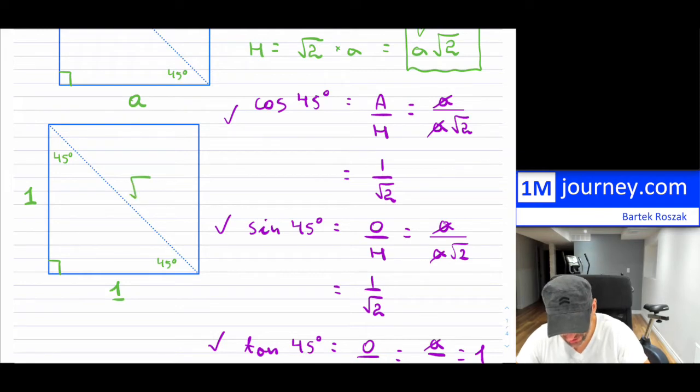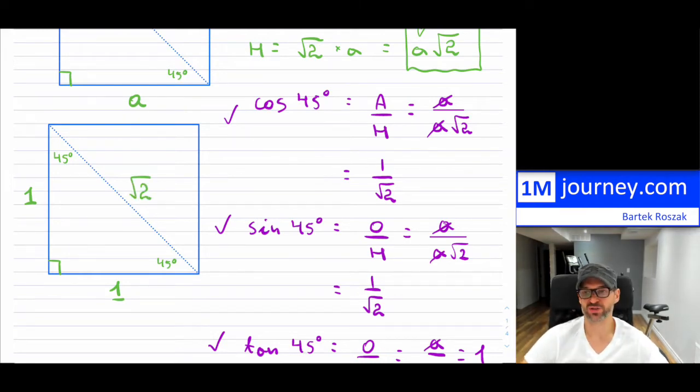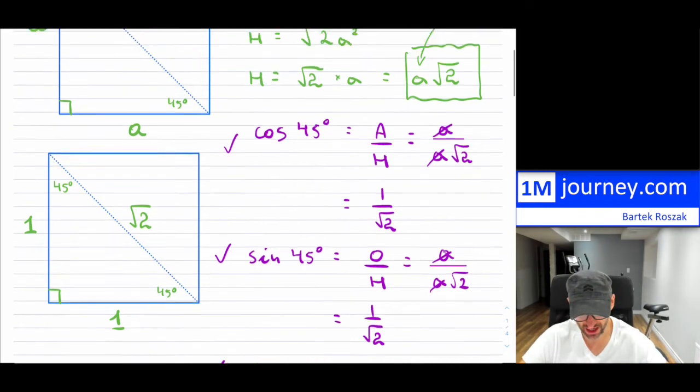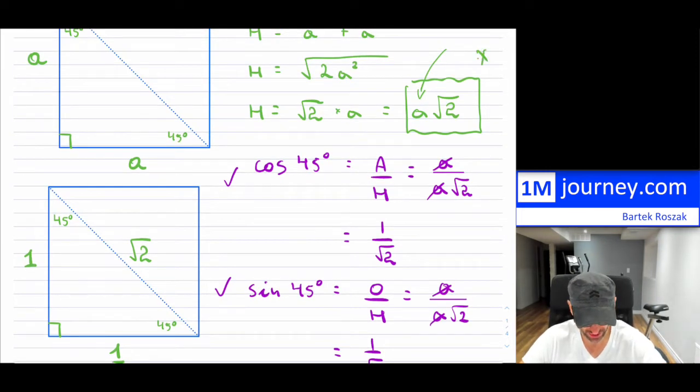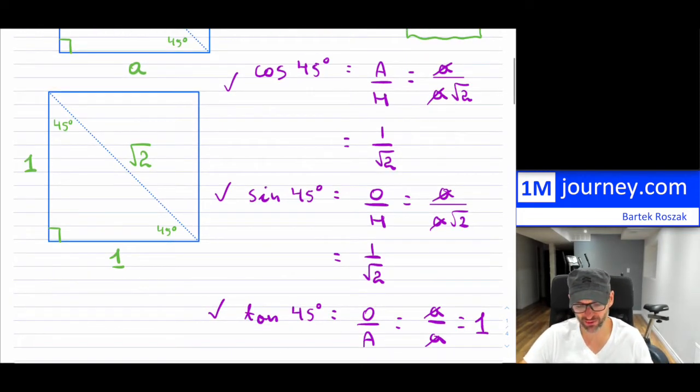And then the hypotenuse, therefore, is just going to be the square root of 2, which should make sense, right? Because if the sides are 1, so notice right here on the top right, what I'm checking off there, if A is equal to 1, then indeed the hypotenuse is going to be the square root of 2. And this is how people most of the time will remember this 45 degrees.